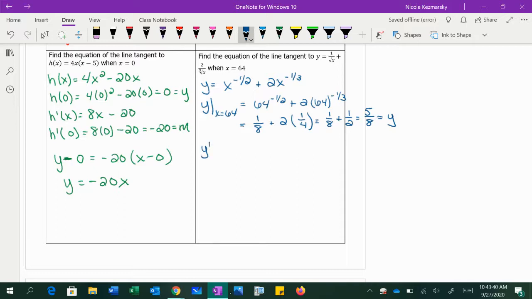So then I'm going to take the derivative. I'm going to get negative 1/2 x to the negative 3/2 plus 2 times negative 1/3, so negative 2/3 x to the negative 4/3.